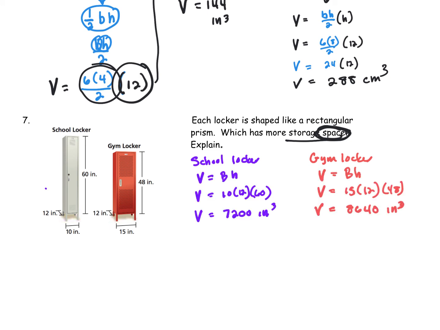Okay, and now that we've found the volume of the school locker and the volume of the gym locker, we can now answer the question, which one has more storage space? And it says to explain. So as we look at this, it may have been, this school locker was taller, so maybe it looked like it had more storage space, but it was indeed the gym locker.